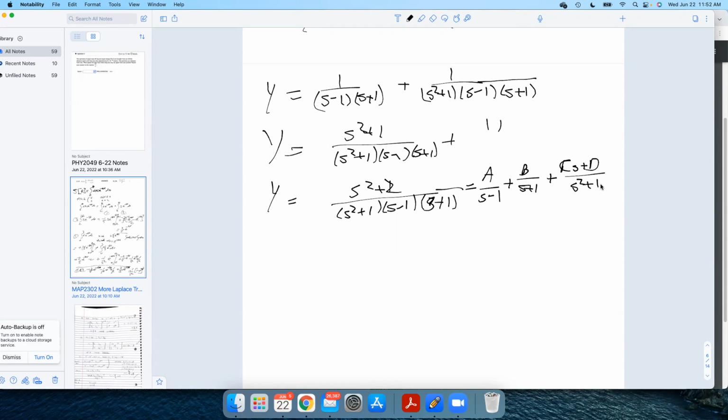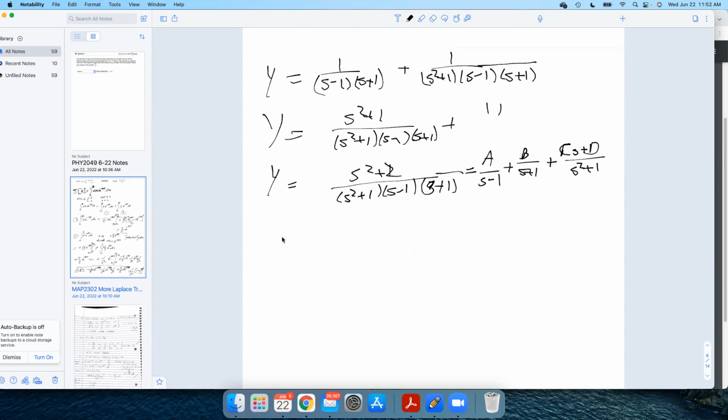And now it's just a matter of doing the partial fractions. So I like the clear your denominators method, multiply everything by the LCD. And that'll give us s squared plus 2 equals, each one of these fractions is going to pick up everybody they're missing.